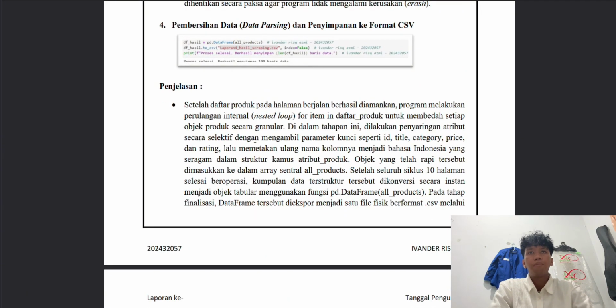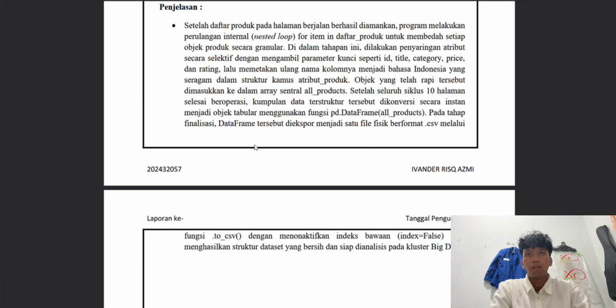Fourth, data processing and saving to CSV format. The final stage enters data extraction or data processing along with persistence into a CSV file format. Once the product list on the current page is successfully stored, the program initiates an internal nested loop using the command for item in daftar_product to break down its product objects individually.